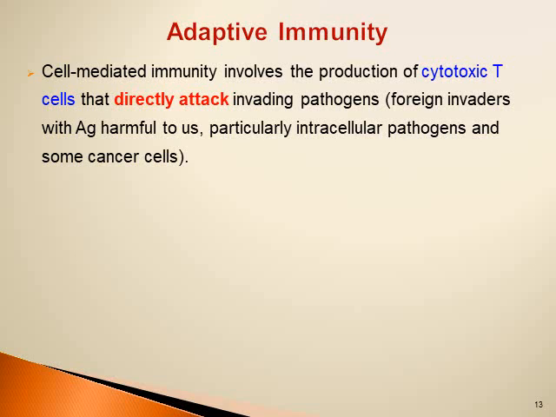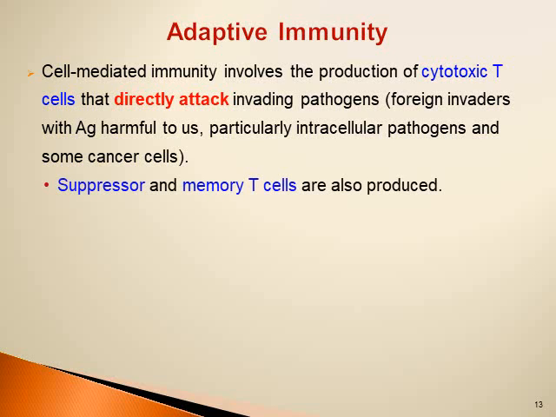So the cell-mediated immunity is mediated by cytotoxic T cells and directed against virus-infected cells and some cancer cells. In the cell-mediated immunity, suppressor T cells and memory T cells are also produced.